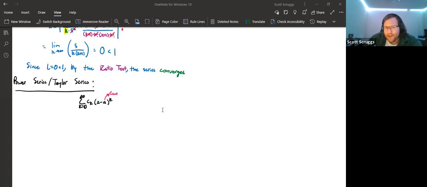In power series lingo, if I say centered at something, that number tells you that it'll be x minus that number, which I call the center. For Taylor series, I'll write here power series.